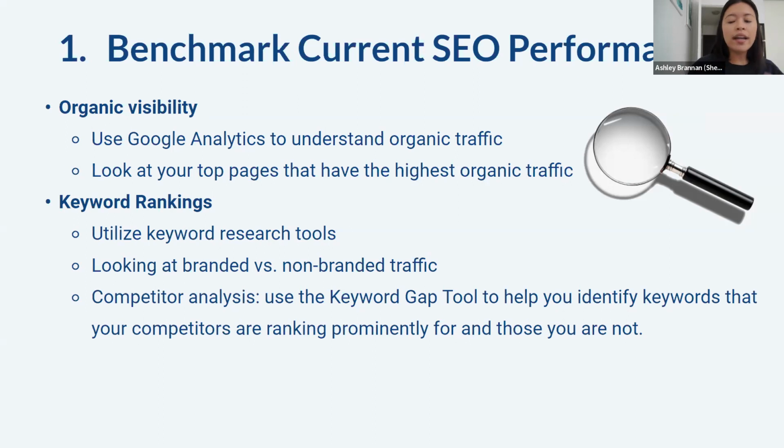And when you're doing this process, you can ask yourself questions like, are these pages that are bringing in organic traffic the pages that we want to be sending organic traffic to? Do we want to drive more traffic? What types of engagements are people doing when they get to our site, when they're coming organically? Are they doing the types of conversions that we want them to do?